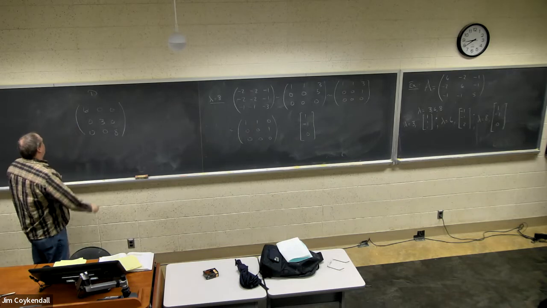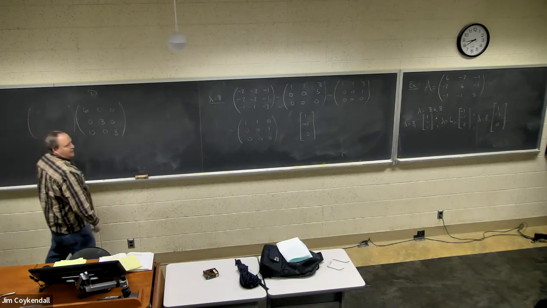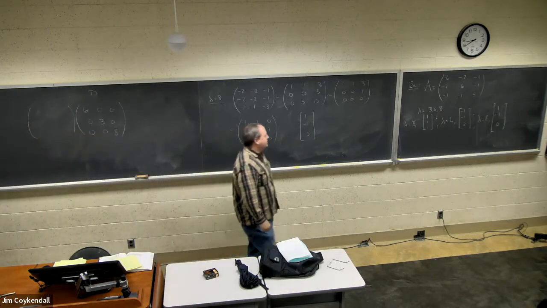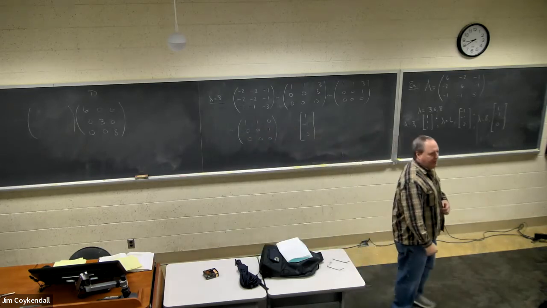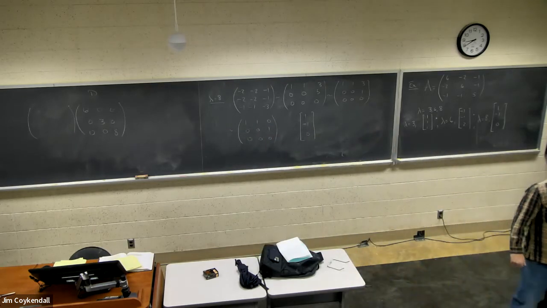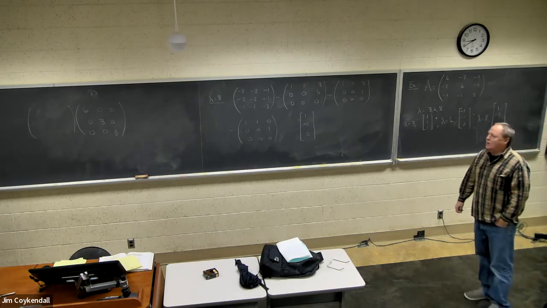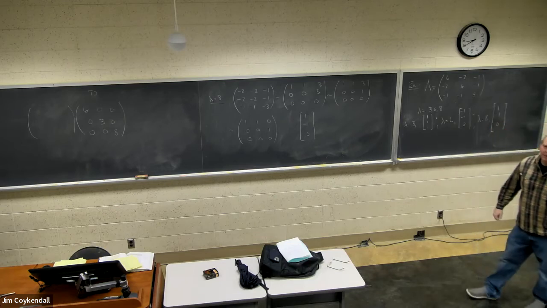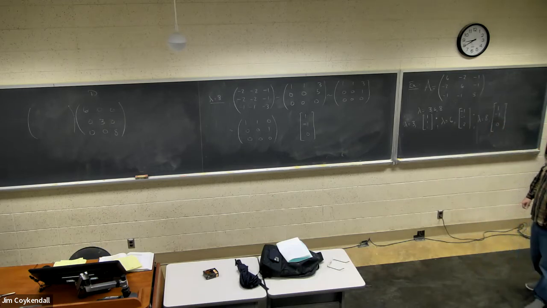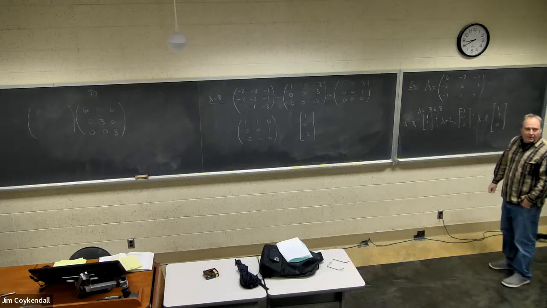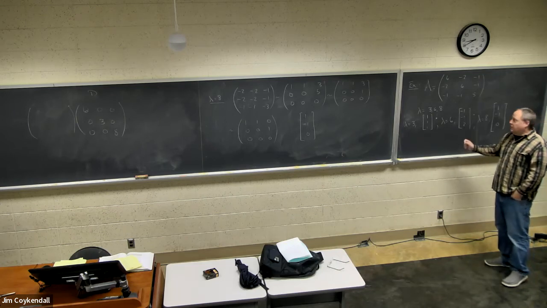Okay, now that Brian has made that choice, what should the columns of my matrix be? I want to orthogonally diagonalize this. What should my first column be?